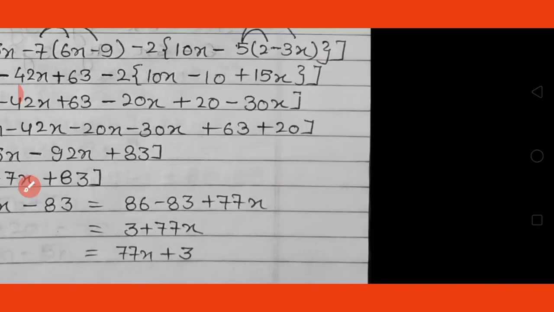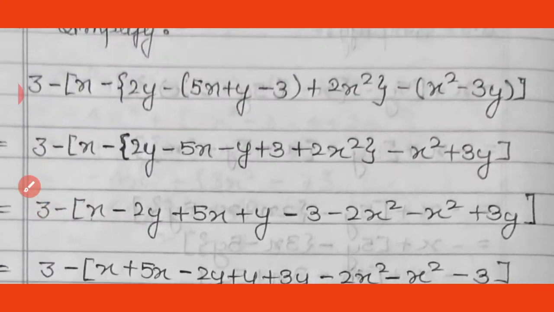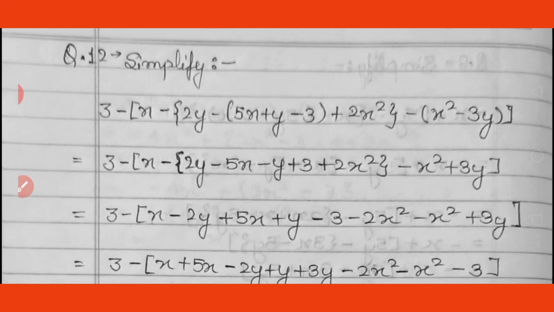Next question. It has given a simplification question. You can read: 3 minus large bracket x minus curly bracket 2y minus 5 in a small bracket 5x plus y minus 3 small bracket, plus 2x square curly bracket, of minus x square minus 3y.